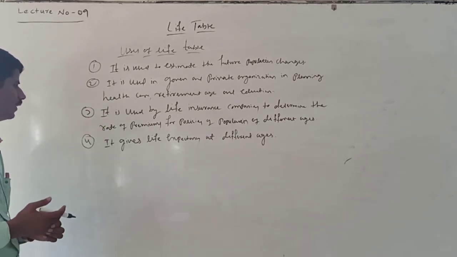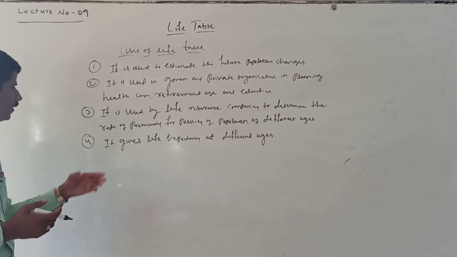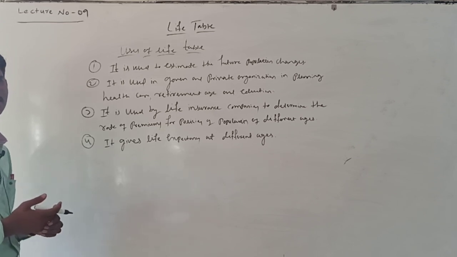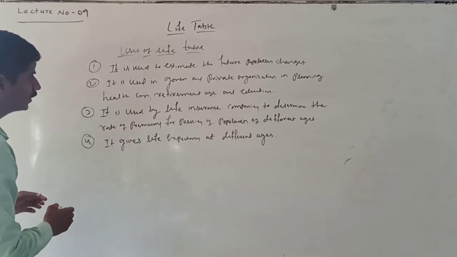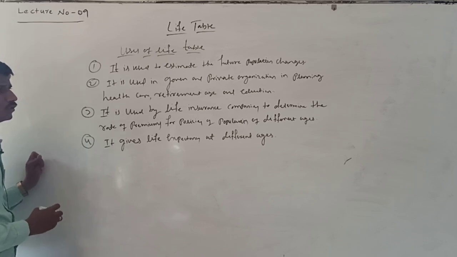The third one is it is used by life insurance companies to determine the rate of premiums for policies of population of different ages.